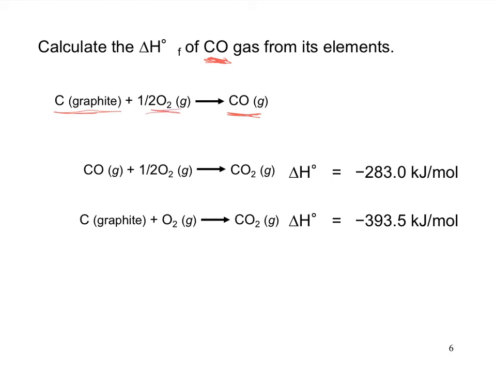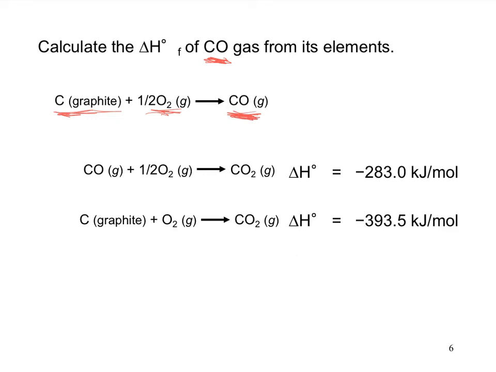Yes, it seems like we can burn carbon in oxygen to get carbon monoxide, but the problem is extremely hard. It is extremely hard to control the reaction from carbon burning in oxygen to stop at carbon monoxide without producing any carbon dioxide. So actually, if you burn it, most of the product is carbon dioxide.